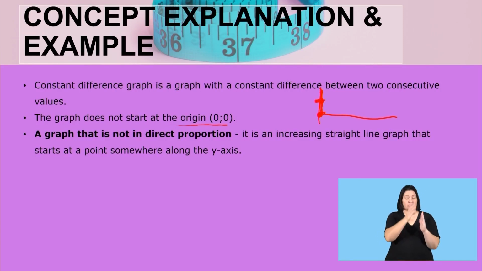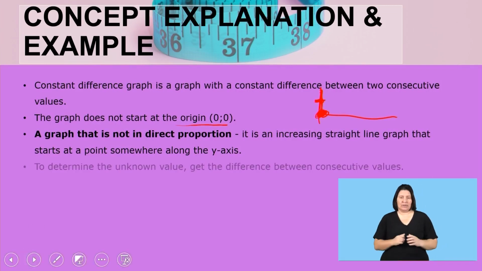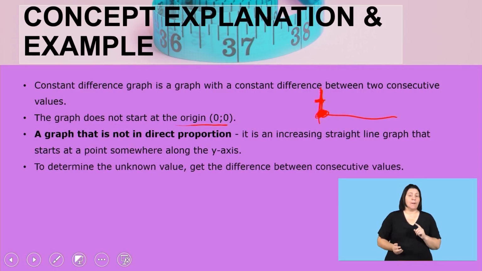So take note that once it does not start at the origin, then we know that that is the graph for the constant difference. And the graph is not in direct proportion, mainly because it does not start at 0 and 0. So to determine the unknown value, you get the difference between two consecutive values.